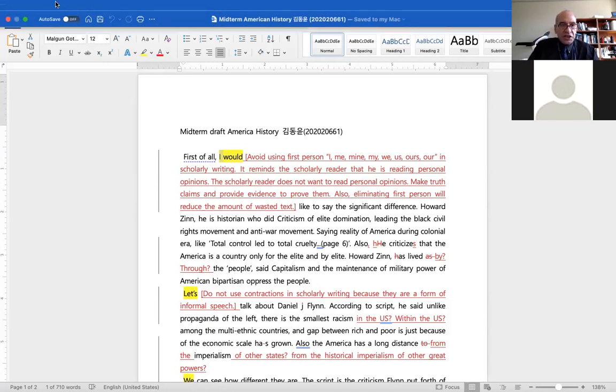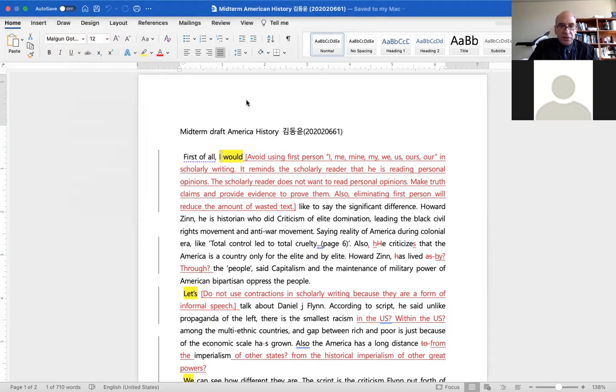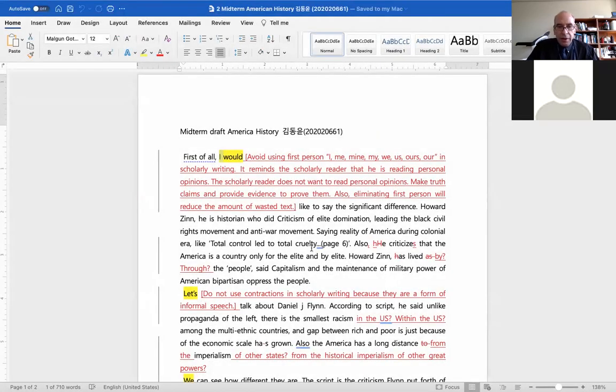Maybe I'll say this again just in case I make more changes. So let's go like this, save as, and go to there. Okay, and this doesn't need to be capitalized. Howard Zinn is a historian who did criticism of elite domination, leading the Black Civil Rights Movement, anti-war movement, saying reality of America during the colonial era, like total cruelty.